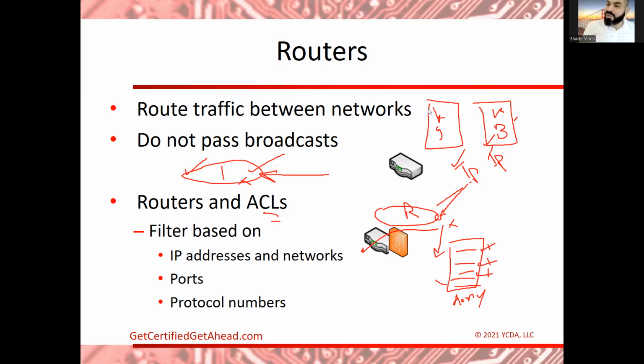I know I can't know all the IPs, but I can write rules saying every IP that's coming to talk to my HTTP server is okay. Every IP that's coming to talk to my email server is okay. This is the only service that I want people from outside to see. Anything else is bad.